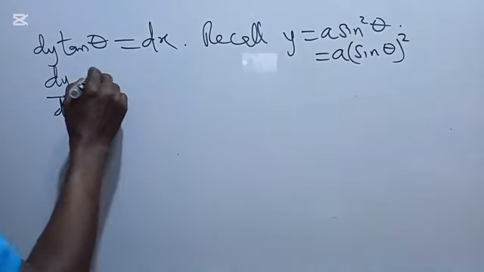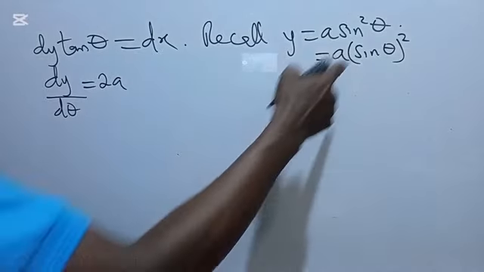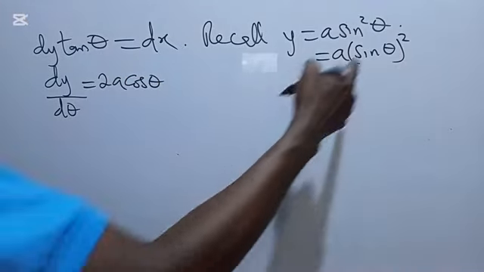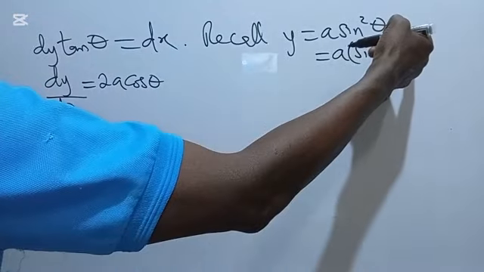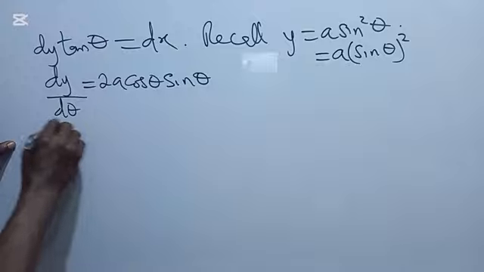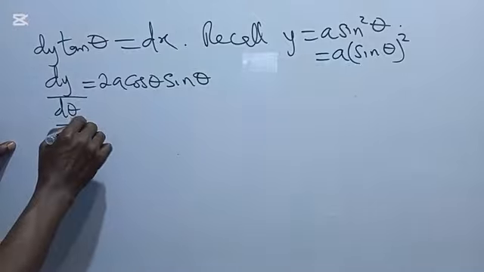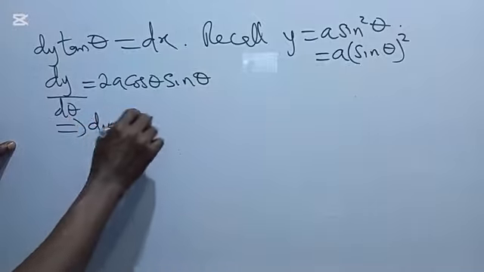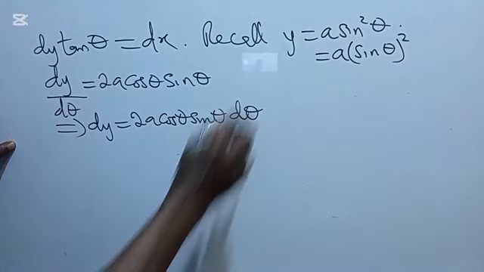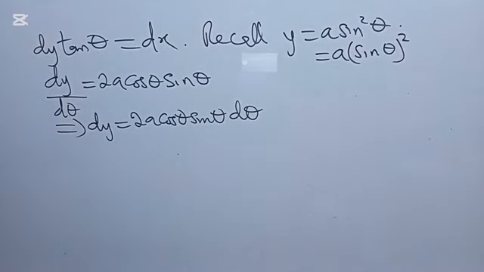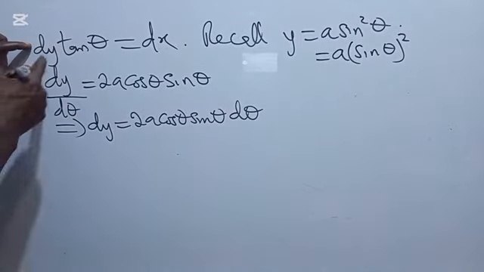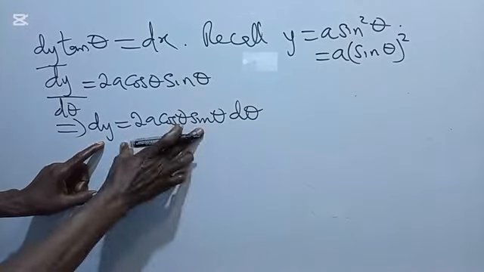You bring 2 out, you have 2a, then you differentiate sine theta and get cos theta. You remove 1 from the exponent, and you have sine theta. So dy equals 2a cos theta sine theta d theta. Now our dy is what you have gotten as this.